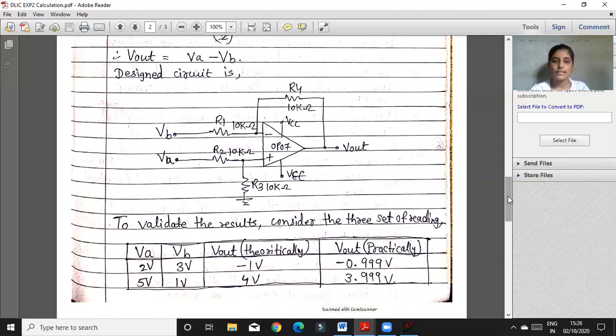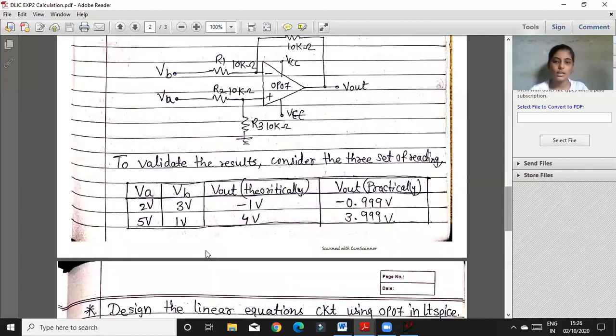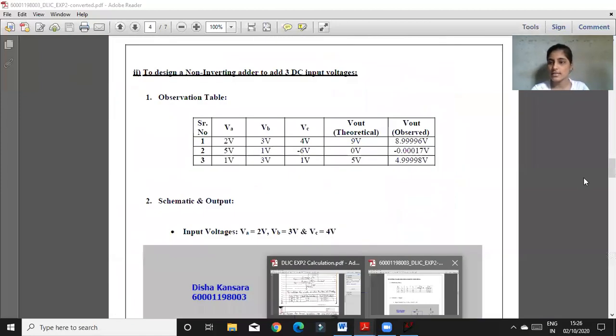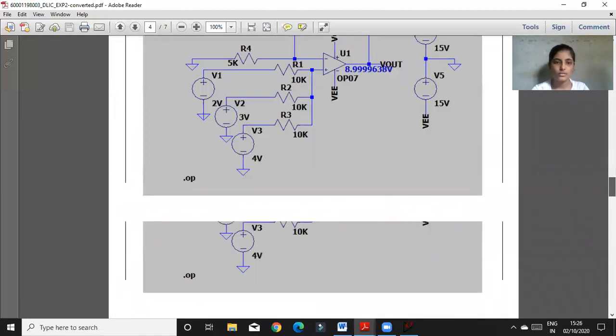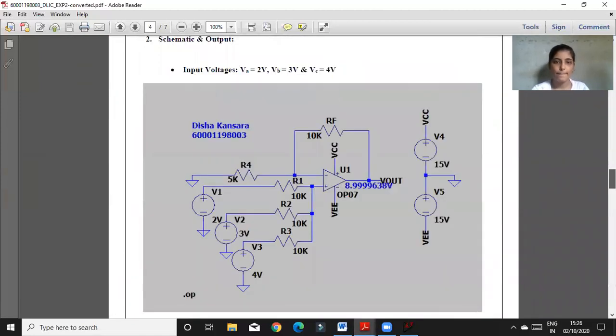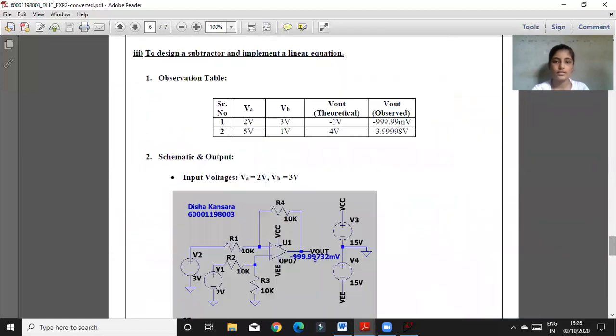To validate the result, I considered two sets of readings for VA and VB. I already calculated the theoretical values and performed the subtractor circuit. First, I gave the VA input as 2 volts and VB as 3 volts.